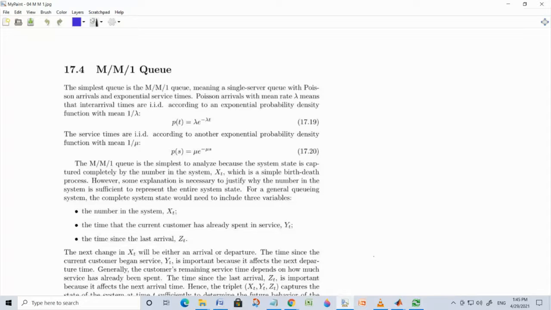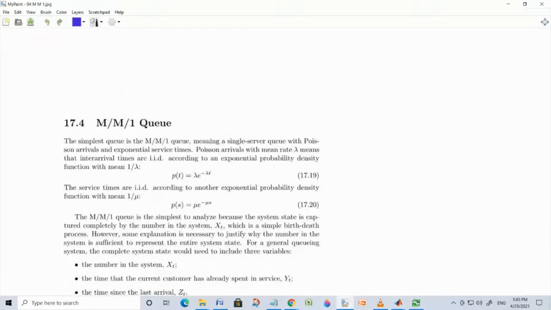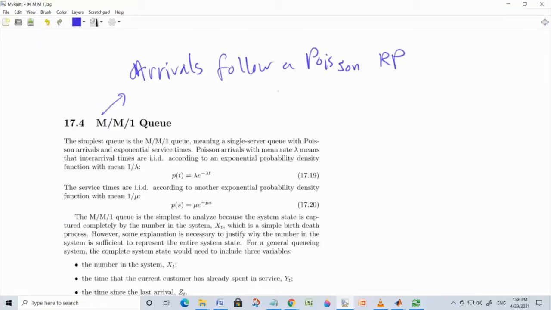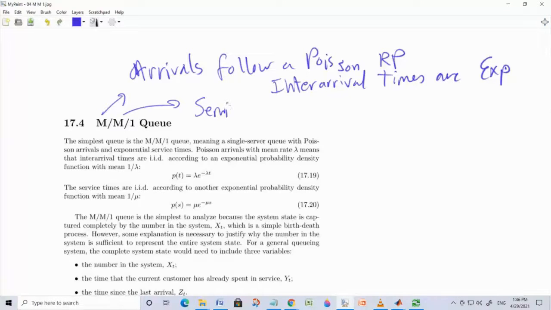The first M is for memoryless: arrivals follow a Poisson random process, and this means that the inter-arrival times are exponential. The second M means that the service times are exponential, and the 1 means that you have one server. All the customers are competing on just one server.